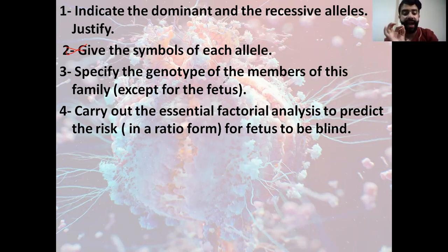If I didn't ask you for the symbols, your job is to give the symbols. Mostly, I'm not going to ask about the symbols because this is your job. Designate by symbols, mostly I may not ask you. You have to give the symbols. Also, all of the questions on the pedigree should be according to the pedigree.